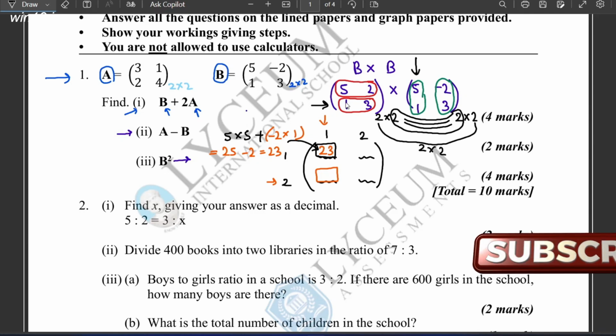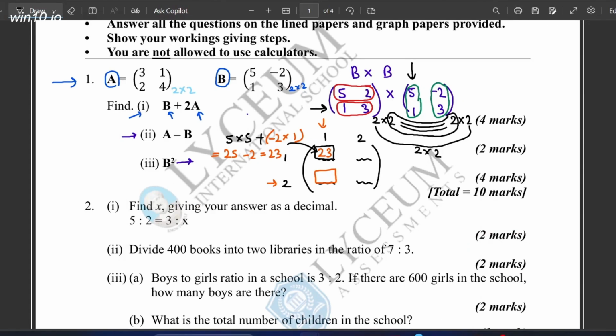Now we have to find the first column, second row element.